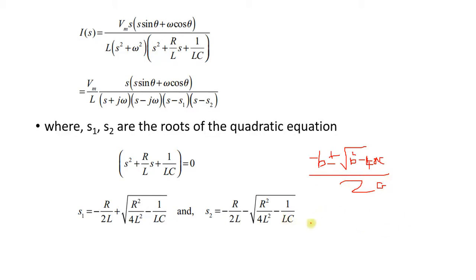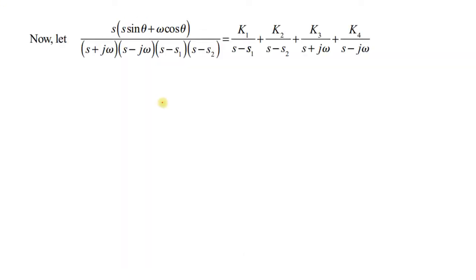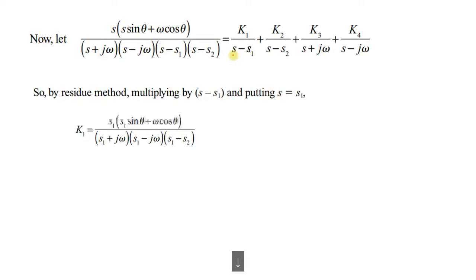Now I split the equation in this format, in the form of the partial fraction method. In order to find the value of k1, I replace s by s1, so that this term cancels, and in the remaining terms s is replaced by s1; the corresponding value is shown here.